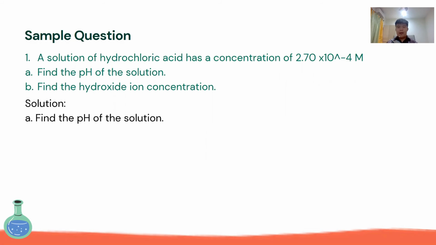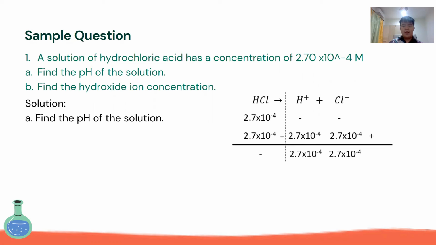First, we will make the reaction. So HCl, when we dissolve it in water, will form H plus ion and also chloride ion. If we react it totally, there's no HCl left. So H plus has the same concentration as HCl, which is 2.7 times 10 raised to negative 4.